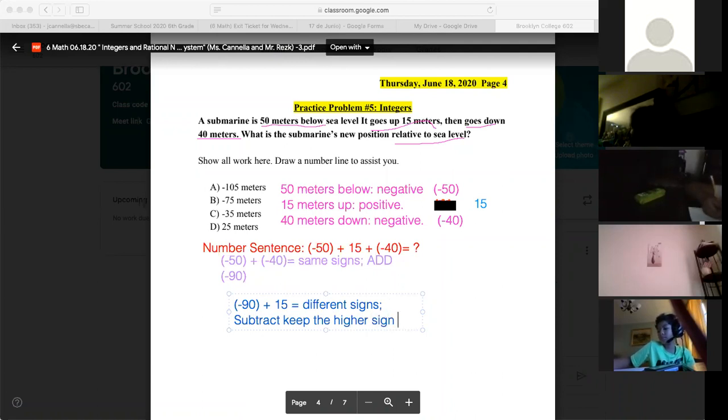So now it's going to be negative. What's 90 minus 15, kiddo? -75. So now we're going to write the answer.